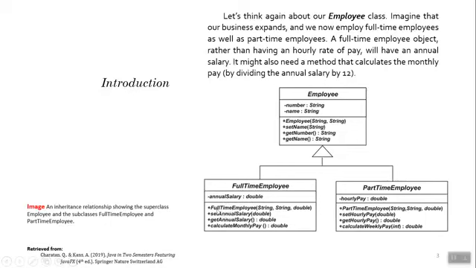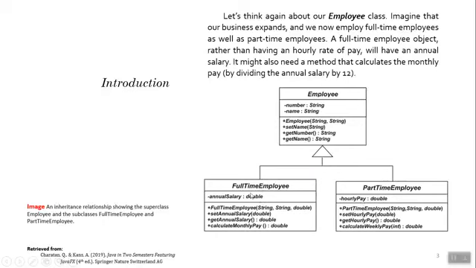It has a constructor, FullTimeEmployee, with string and double parameters, and then the setAnnualSalary function, the getAnnualSalary function, and also the calculateMonthlyPay function. And then again, the part-time employee is just the same implementation.